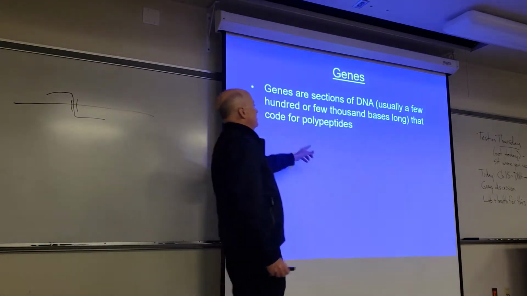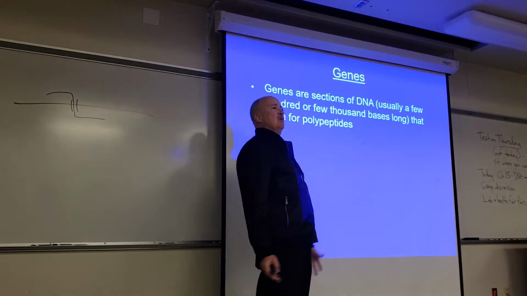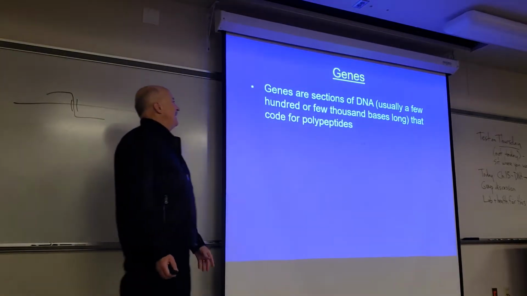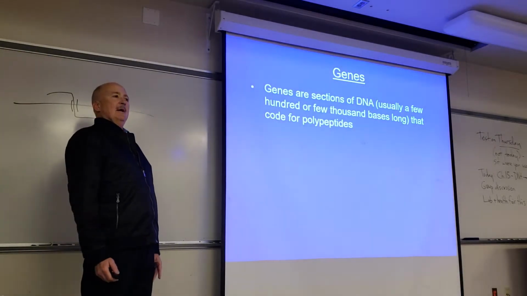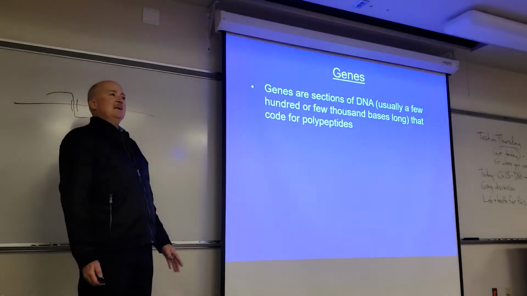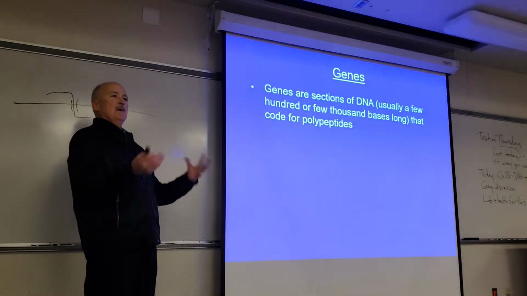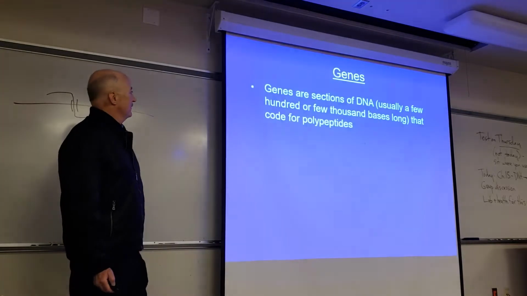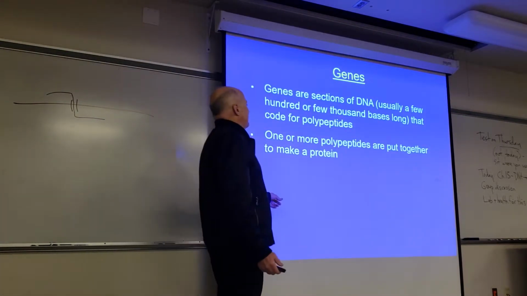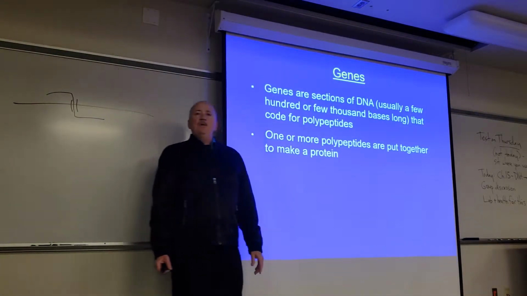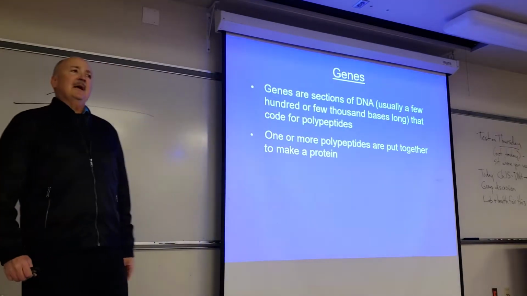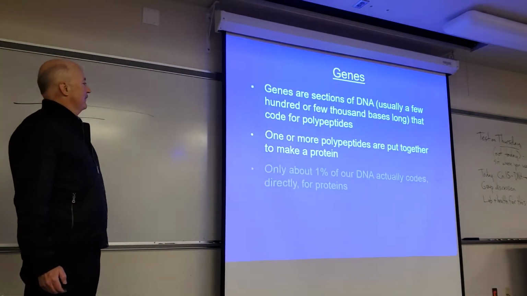You'll have a sequence of these nucleotides or bases that's coding for a polypeptide. A polypeptide is the beginning of making a protein, where you join amino acids together. It takes at least one polypeptide to make a protein, sometimes several together, like we see with hemoglobin.